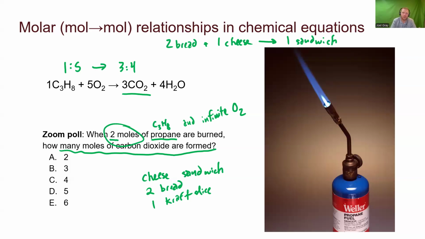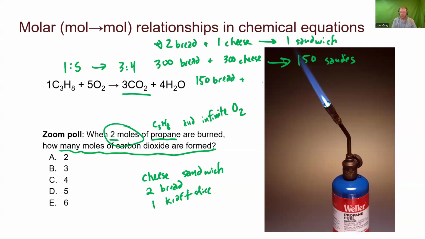You're absolutely right. Now, 300 bread using this ratio right here. 300 bread and 300 cheese. How many sandwiches will you make? Add your answer to the chat. 150 sandies. Let's go with 150 slices of bread and 300 slices of cheese.